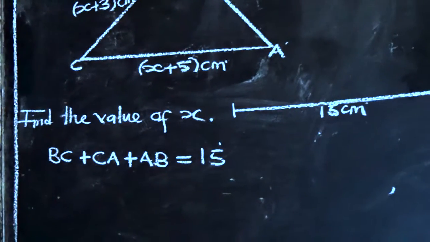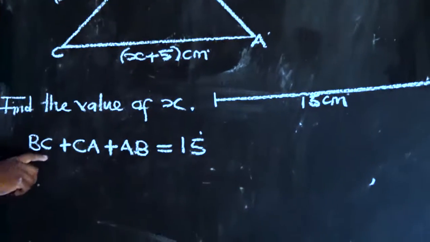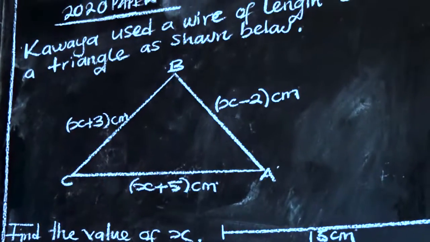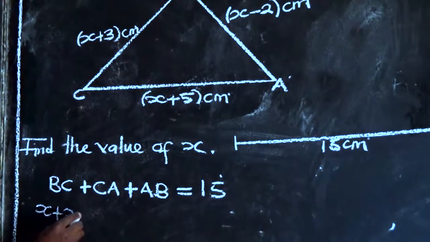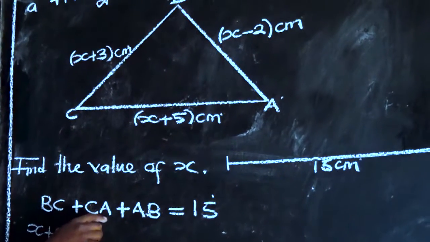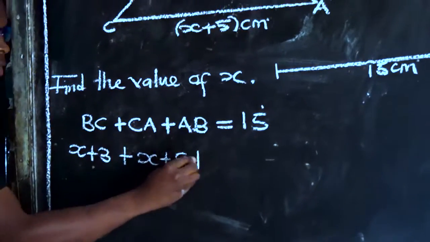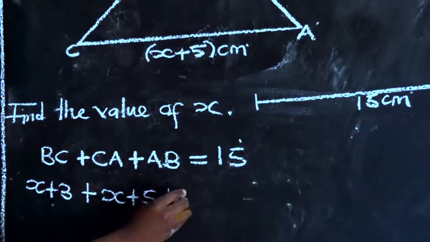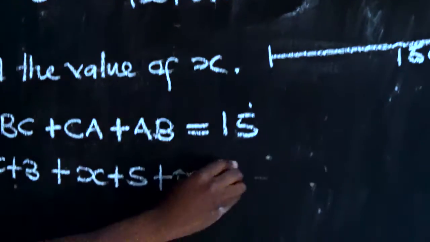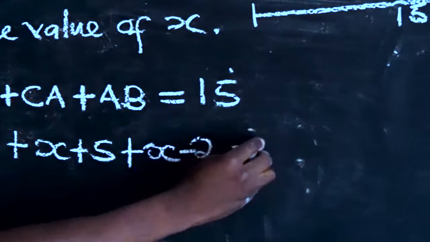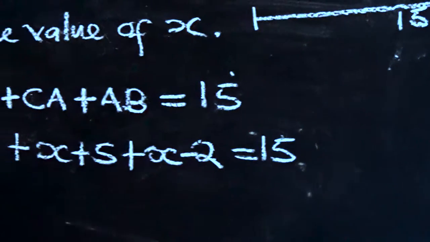Are we together, people? Yes. So what is BC? From B to C, it's what? X plus 3. Plus, what is CA? X plus 5, very good. Plus, what is AB? X minus 2 is equal to what? Is equal to 15. Are we together?